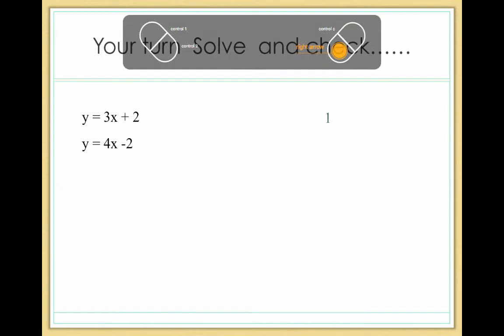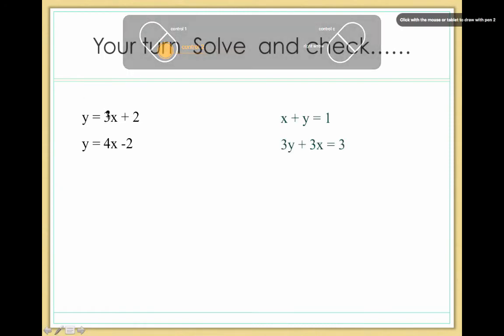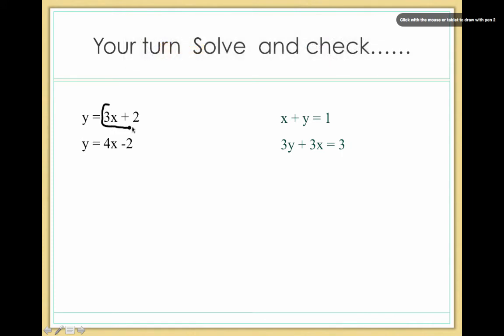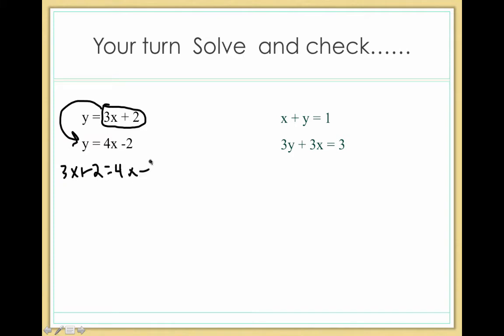Okay, substitution again. I can do this one with substitution. Look at this. They're both equal to y. You can set them equal to each other. 3x plus 2 equals 4x minus 2. I would subtract this way because that's going to give me 1x, and I would add back that way. 4 equals x.